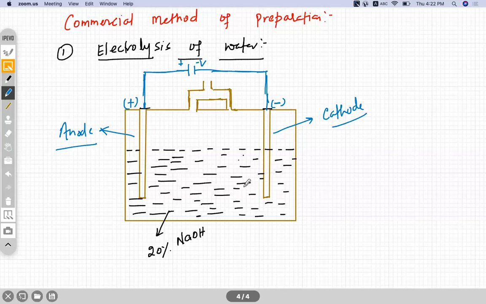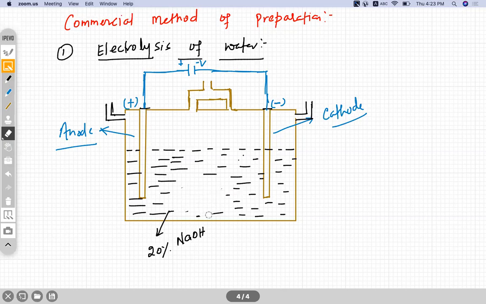Okay, and here we have an outlet through which the gas can come out. We have an outlet like this. Now in this mixture, the electrolyte that we are taking, we have ions present here. What all ions are there? We have Na plus, OH minus, and H plus.